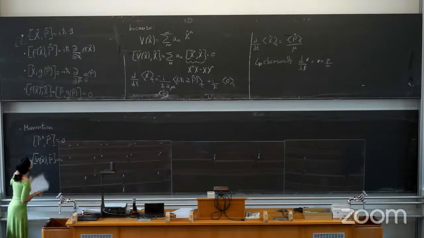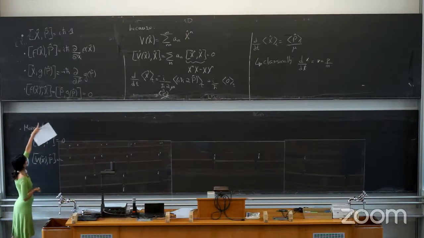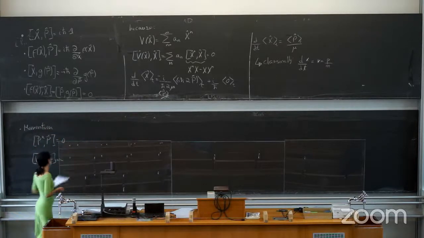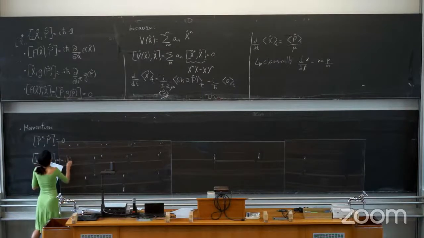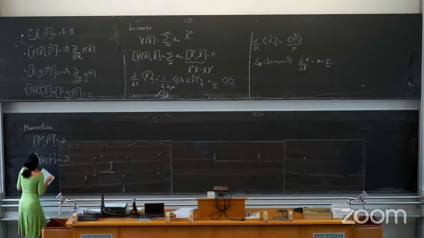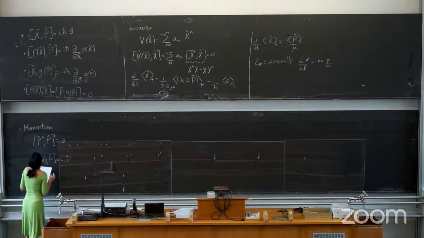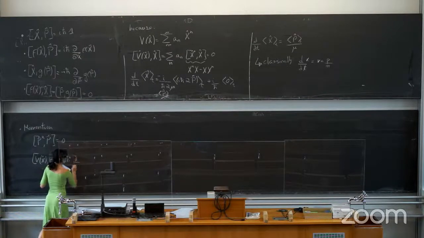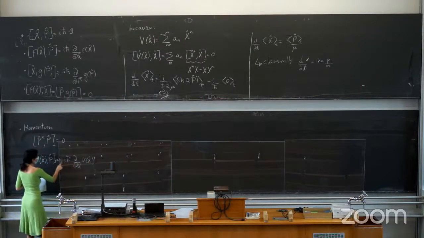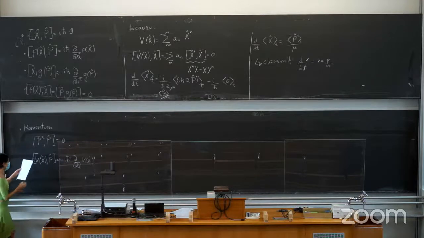Either the minus sign should be switched there, or it was in the equation for the evolution of observables. Here I have minus iħ, d/dx of the function. Up to a minus sign, you believe me? Let's put it like this and assume that the error is in the other one.